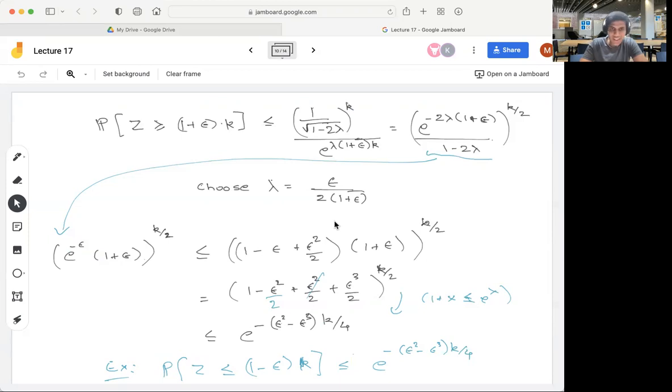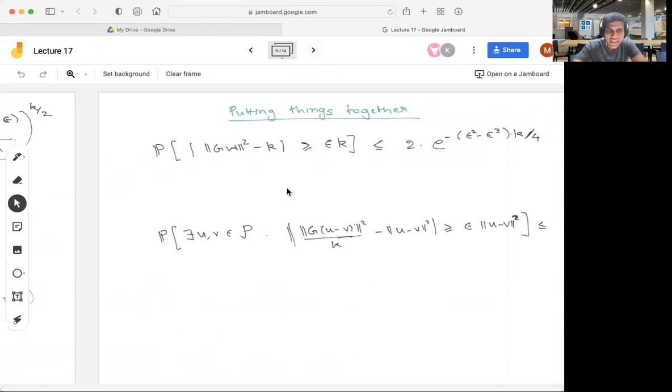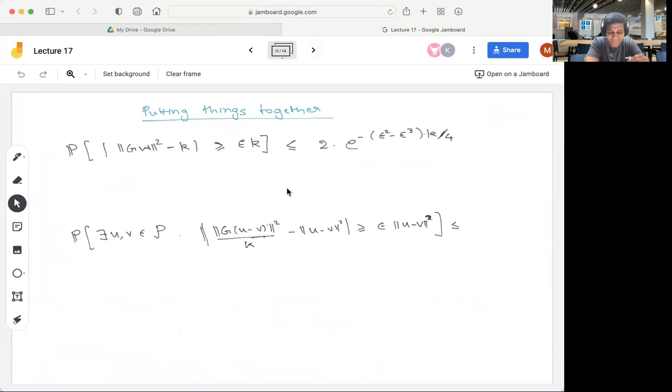And so combining the two, we get that the probability that Z deviates too much from its expectation in either direction, by more than epsilon times k, is bounded by 2 times what we obtained on the previous page.